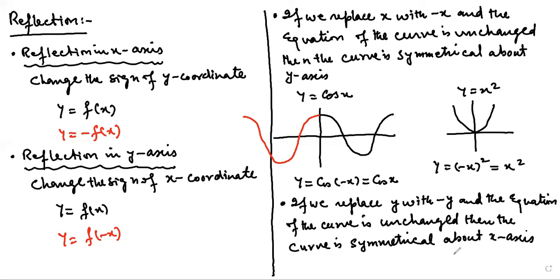These important rules will help you in sketching any curve. If you see that by putting x is equal to minus x there is no change in the curve, you will draw the portion on the right side of y-axis and you will make a mirror image of that one on the left side of y-axis.